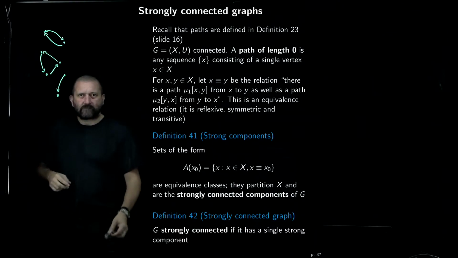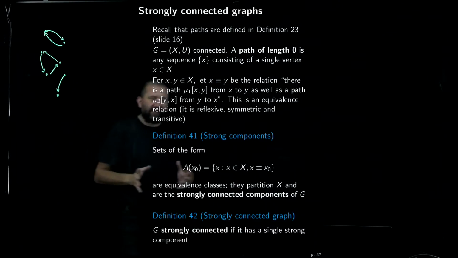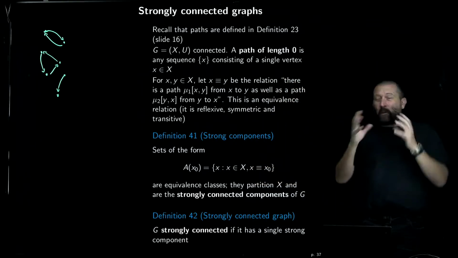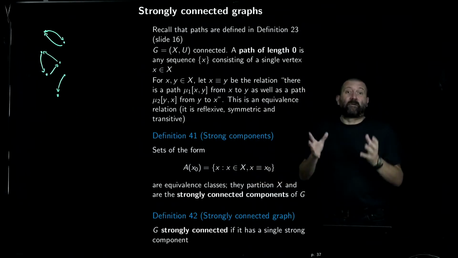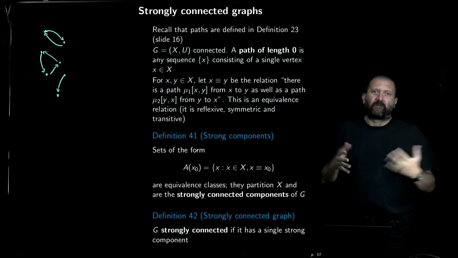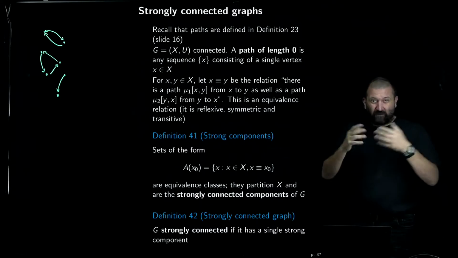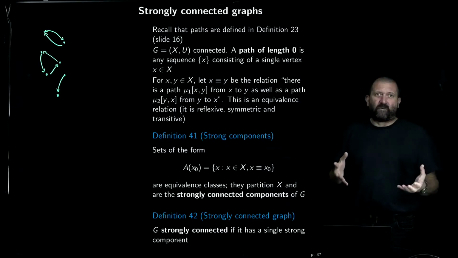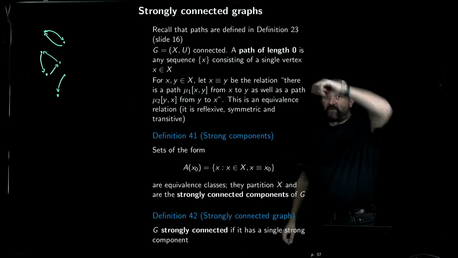And now, we say that a graph is strongly connected if it only has one strongly connected component. We'll also say a strong component; we often say strong component. So a graph is strongly connected if it has a single strong component. And what does that mean in terms of that relation?